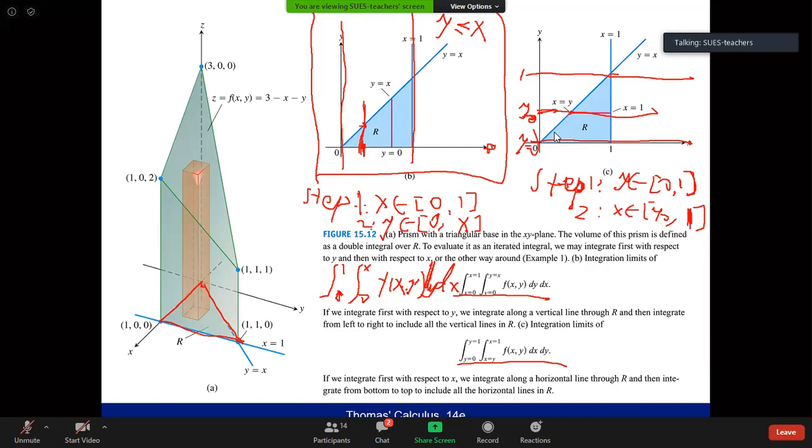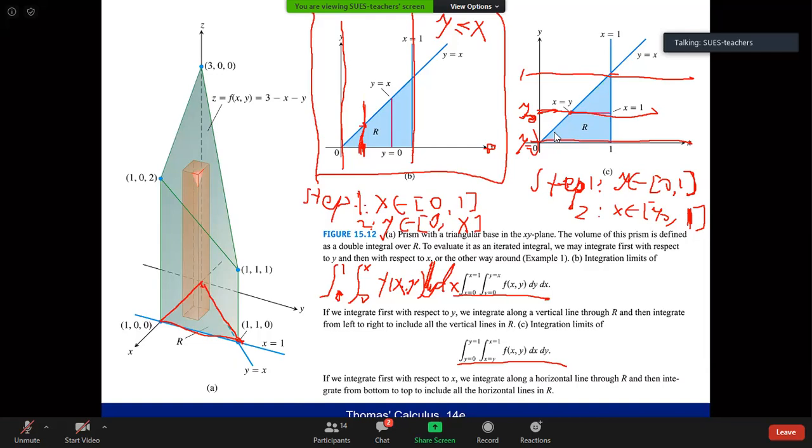Then you have to use this technique to exchange the integral order. When you exchange the integral order, the upper limits and the lower limits are different. This is really, really important.